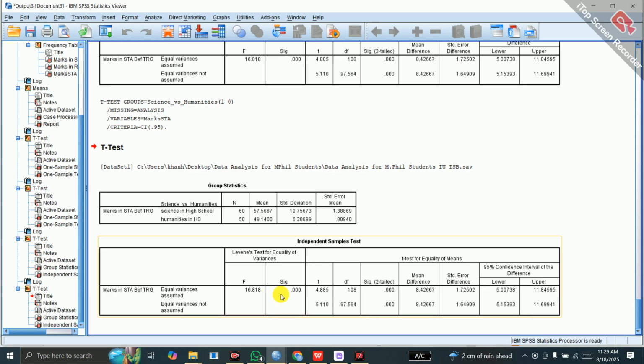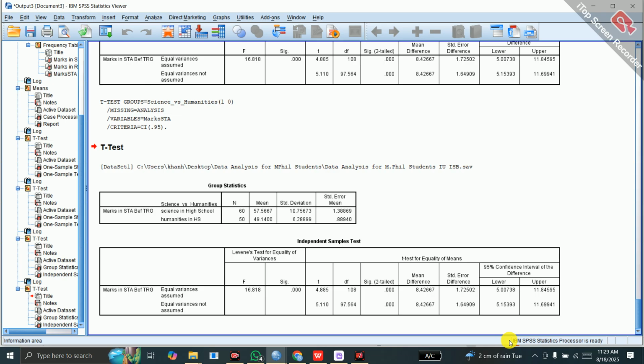And we also elaborated that this difference of means, that is 8.42, is highly statistically significant, which means that the difference between the two independent groups, those who studied science in high school and those who studied humanities in high school, is highly significant.